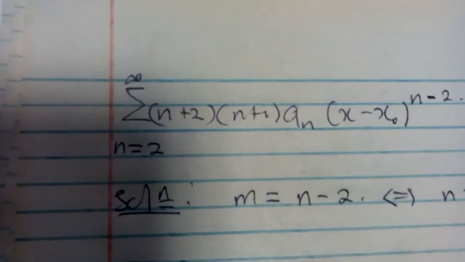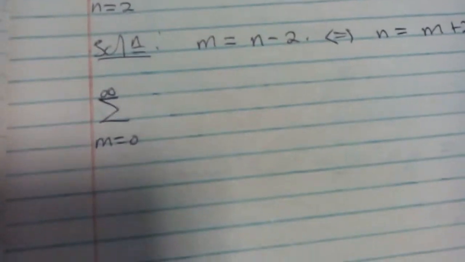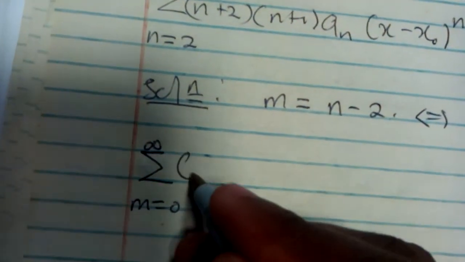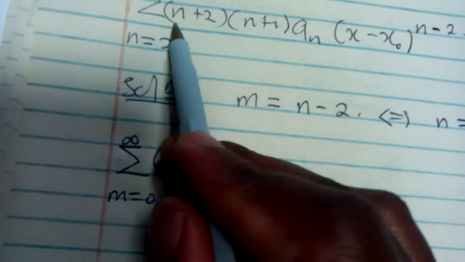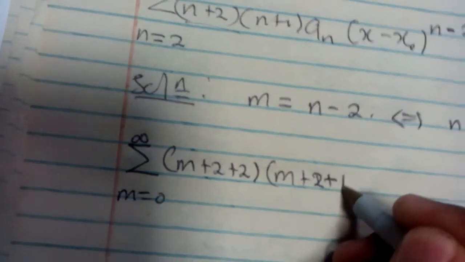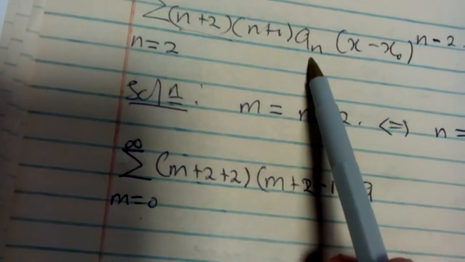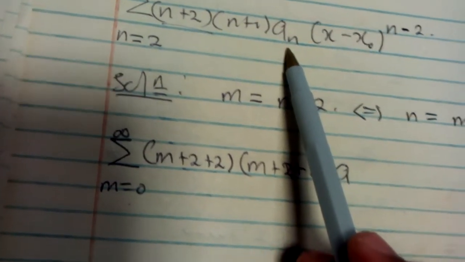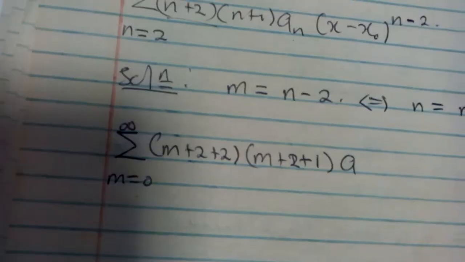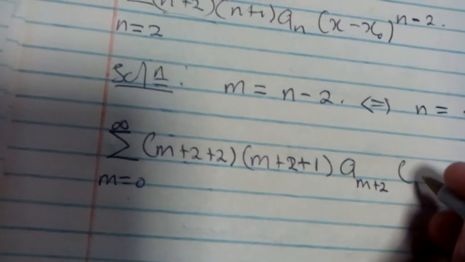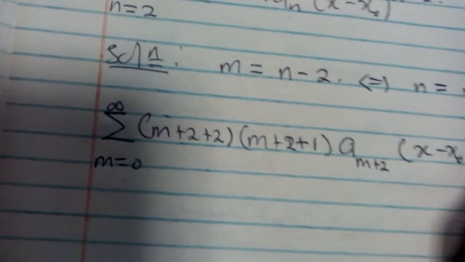And clearly, I can now sum from m equal to 0 up to infinity and substitute every n with m plus 2, so that I've got m plus 2 plus 2 for this term, multiplied by m plus 2 plus 1, by a_n, where n is equal to m plus 2, by x minus x naught to the power m.